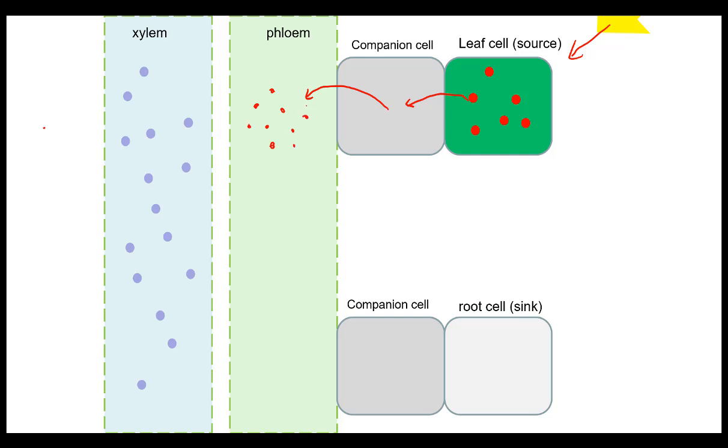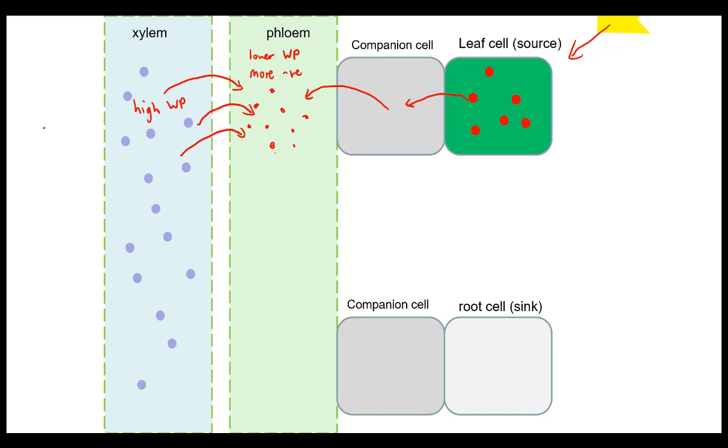Now what happens is, because we've put all this sucrose in here, the water potential of this area becomes more negative, or we can say that there's a lower water potential. Because we've created this area with a lower water potential, it draws water from the xylem. So the water moves from an area of higher water potential to an area of low water potential.